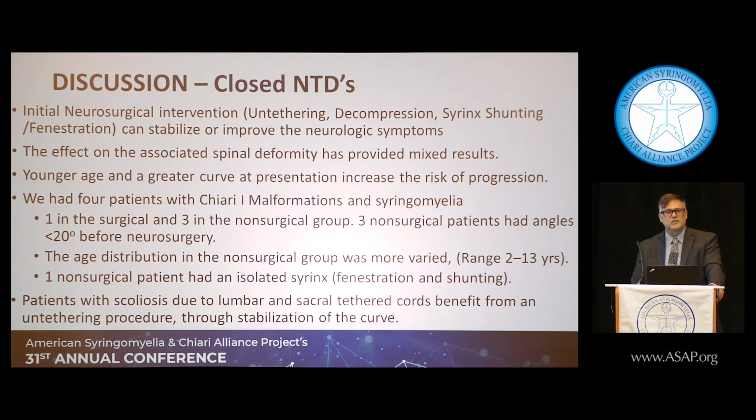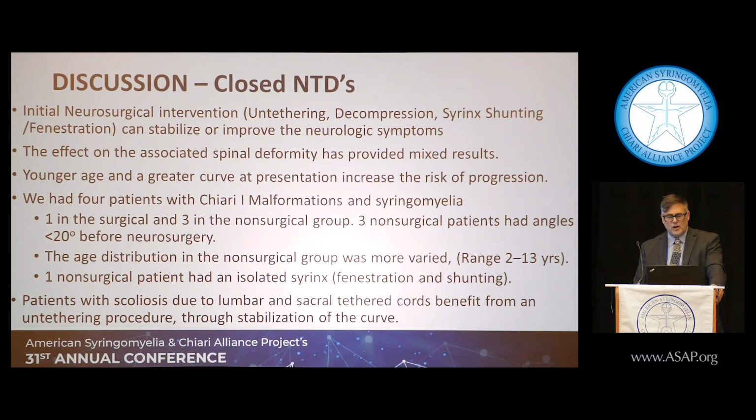We do know that this can stabilize neurologic symptoms and improve neurologic symptoms. It can stabilize angulation, curvature, but not improve that. The effect on the associated spinal deformity has provided really mixed results. The younger you are and the more curved you are at presentation help predict whether you're going to be more likely or not to require a fusion.